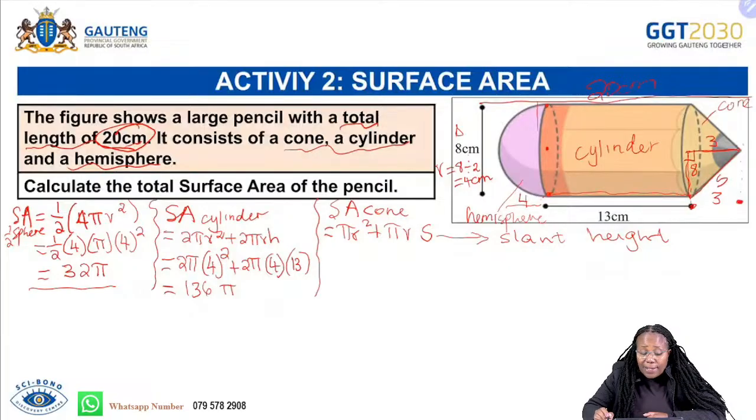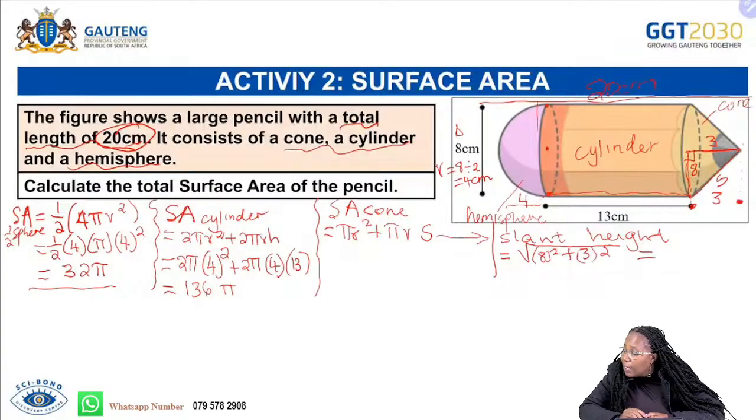You need to analyze that before you start calculating. So now to find the slant height, this slant height will be equal to the square root of, we are now applying Pythagoras, the sum of the two sides, that is 8 squared plus 3 squared. And this is giving us the size of that particular side, okay?